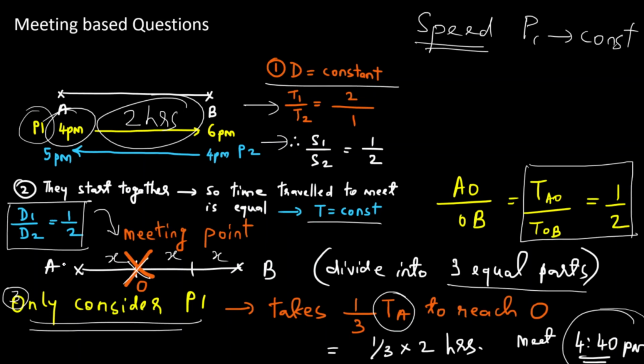Now, we just find the time taken by person 1 to reach point O by taking one part out of 3 equal parts of the total time, which is 2 hours. And that is equal to 40 minutes. And therefore, they meet at 4 plus 40 minutes. That's 4:40 p.m.